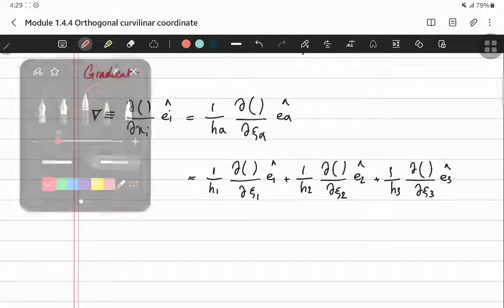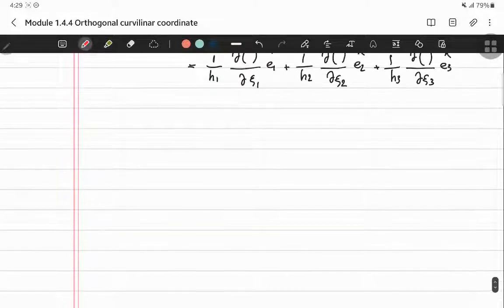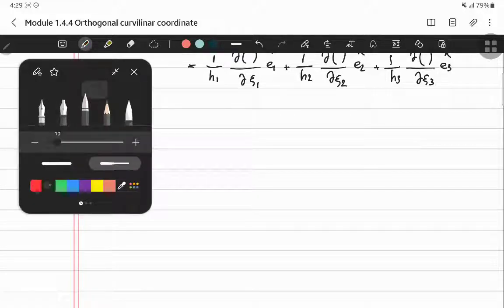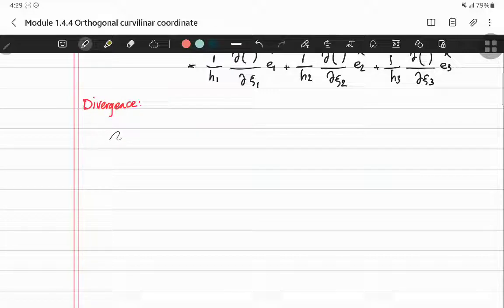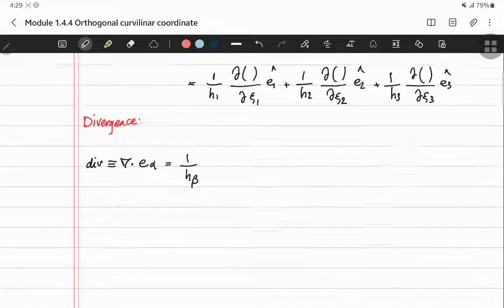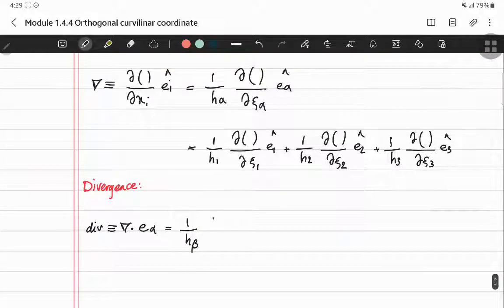And for example, for divergence, we have the divergence as, if you remember, the dot product of del and e alpha. So it was 1 over h beta, partial derivative of e alpha with respect to z beta e beta.